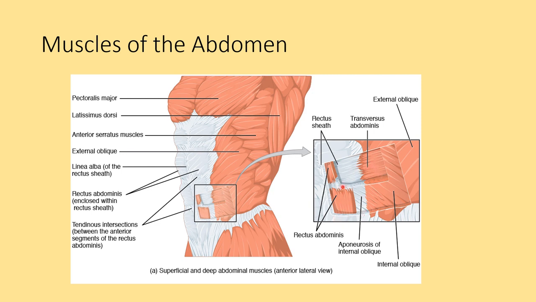The rectus abdominis fibers are running essentially up and down, in an inferior-superior direction. But the transverse abdominis, which is one layer deeper, so you would have to remove the rectus abdominis to see it, those fibers are running sideways.